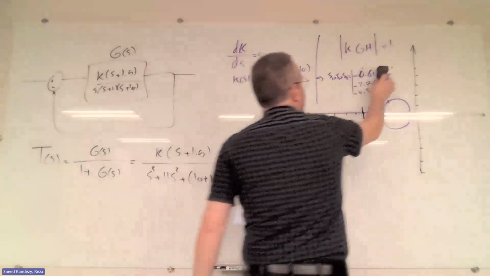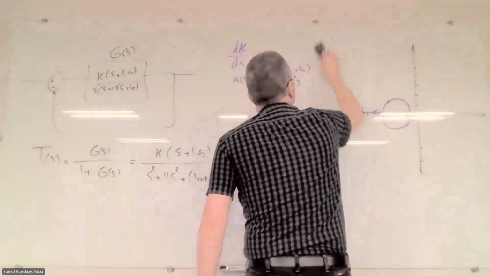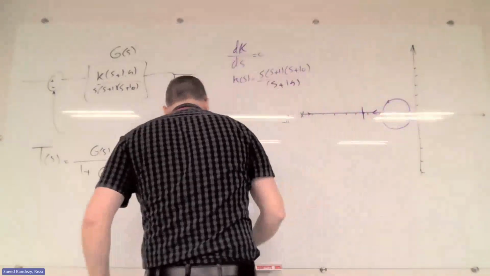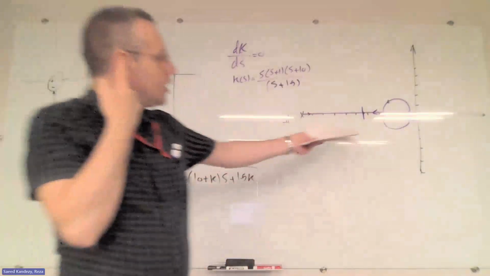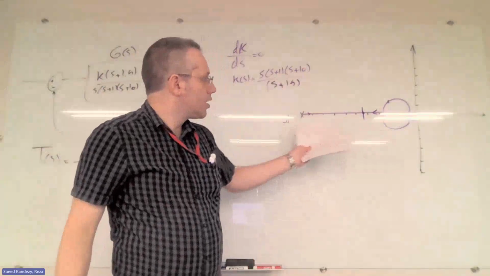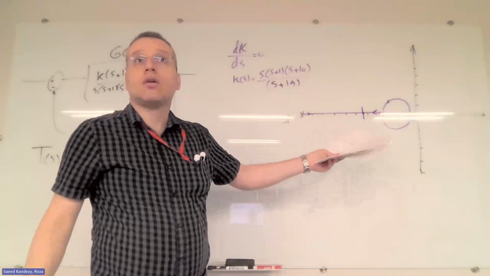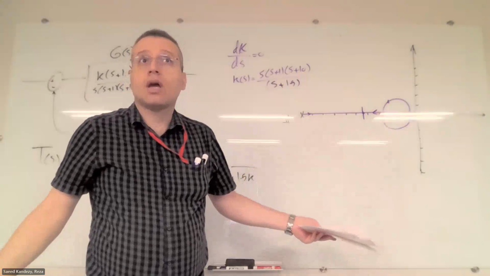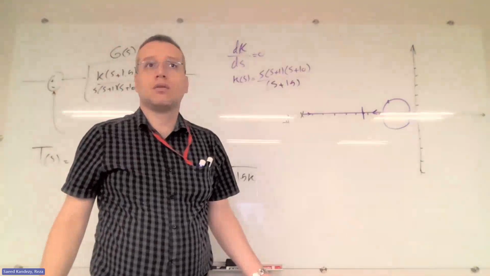No? Okay, I'm going to erase this because I need the place for the trajectories of the poles. Now, how would they behave? They are going to leave the real axis and end up at infinity. But where? And how would they move to infinity?